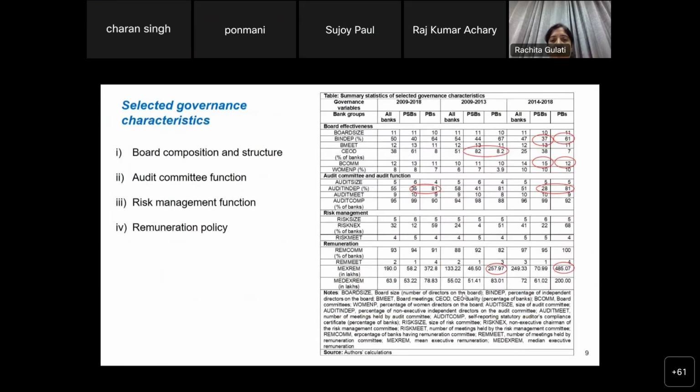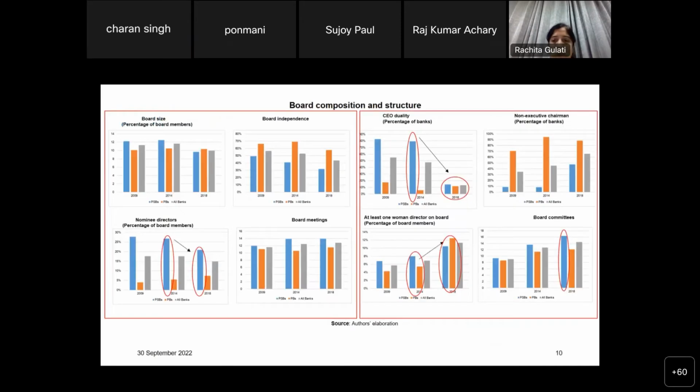The size of the risk management committee is around 5 or 6 directors on average, whereas the meetings are around 5 on average for the public sector banks, and 4 on average for the private banks. In public sector banks, the percentage of banks having a non-executive member as chairman of the risk management committee has escalated from 0% to 47% in 2018.